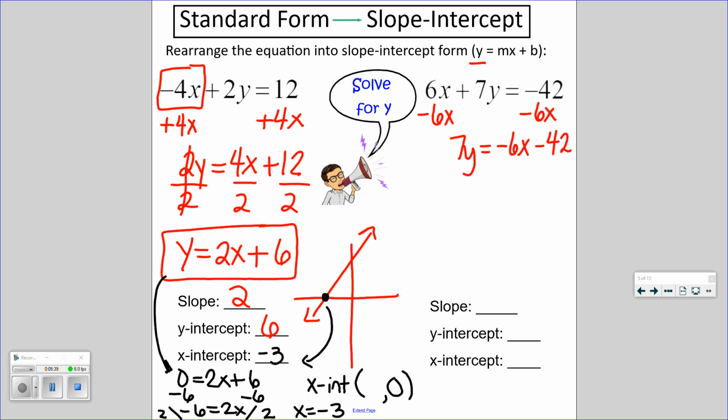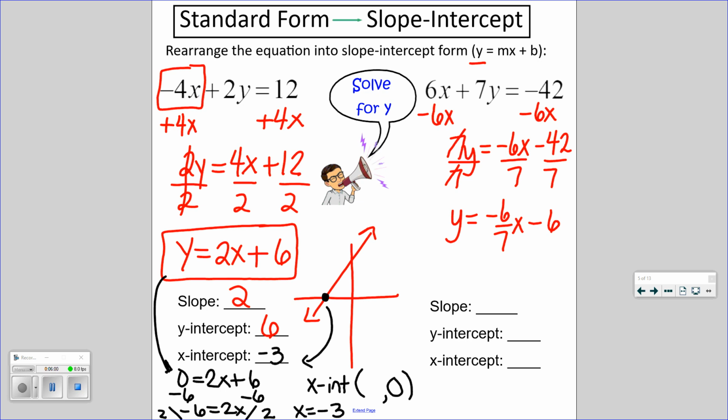So I can get the y value by itself by dividing by 7. Everything gets divided by 7. And if I divide each term by 7, this is negative 6/7 x. 42 divided by 7 is 6.